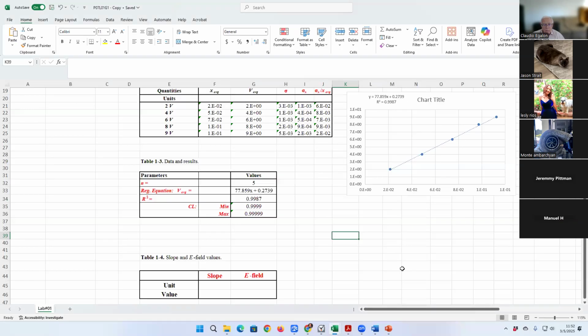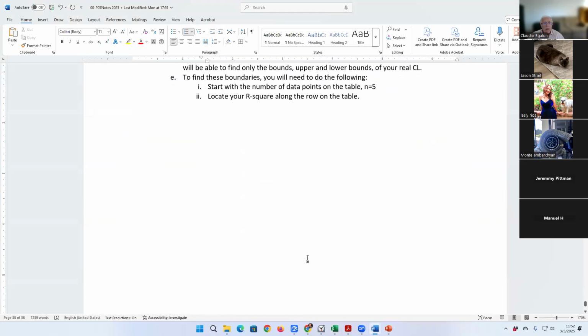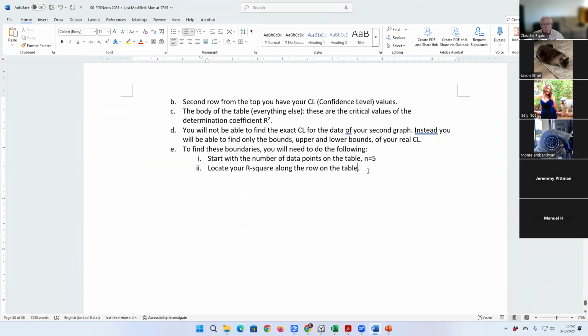And what is the CL? Okay, let me write down what the CL is. Very important: locate your R square value along the row on the table, for n equal to 5. Your R square should be between two different R squares on the table.